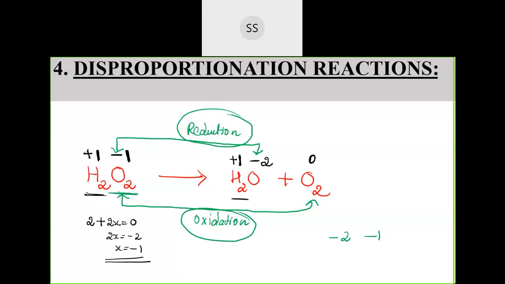Oxygen itself simultaneously undergoes reduction as well as oxidation. Such reactions are called disproportionation reactions. So remember, it's a unique, special kind of reaction where one element itself simultaneously undergoes reduction as well as oxidation. So the example you can remember: hydrogen peroxide breaks down to give you water plus oxygen.